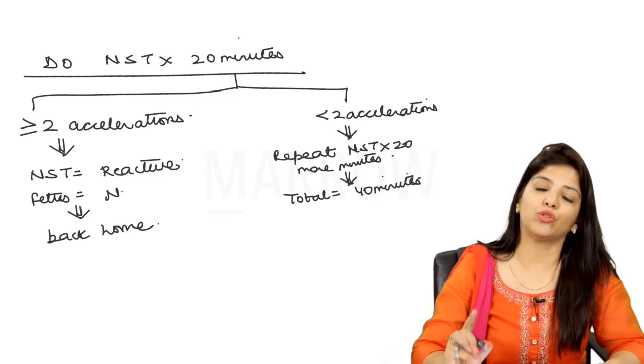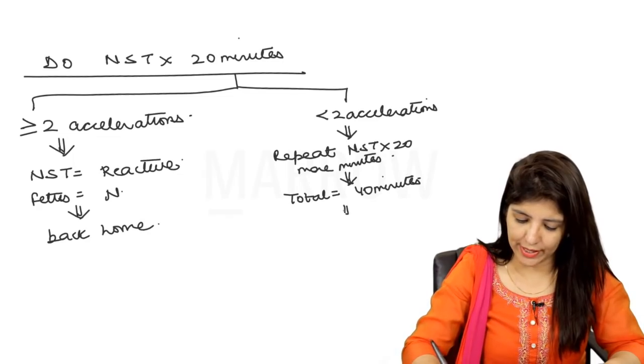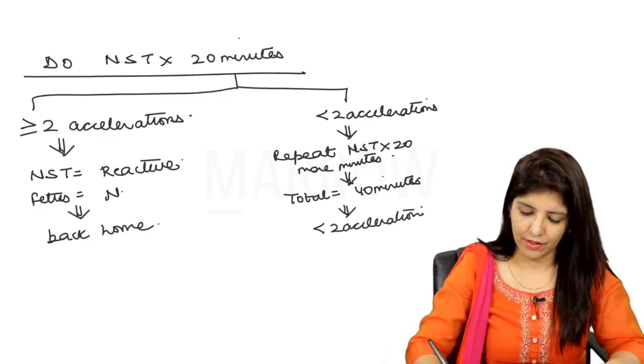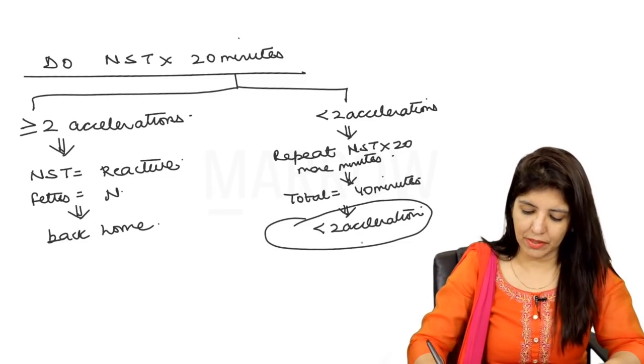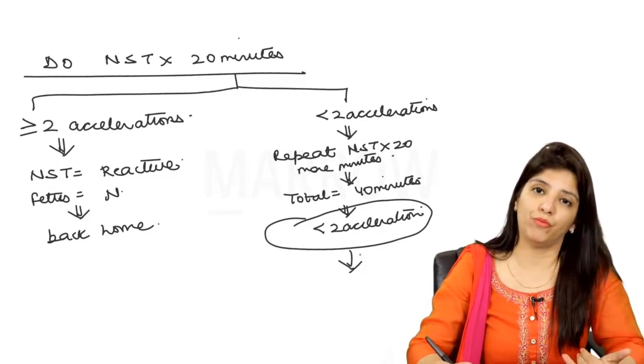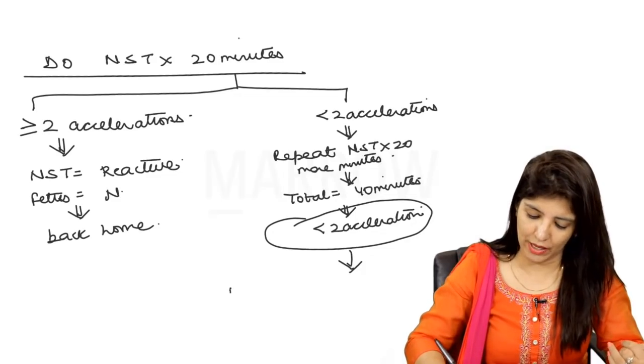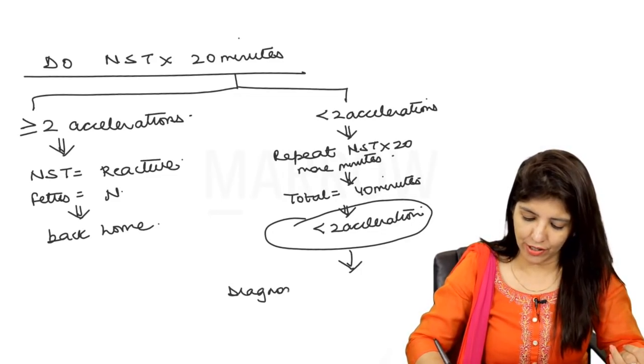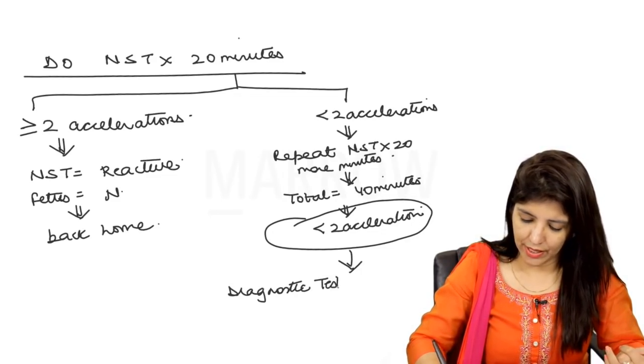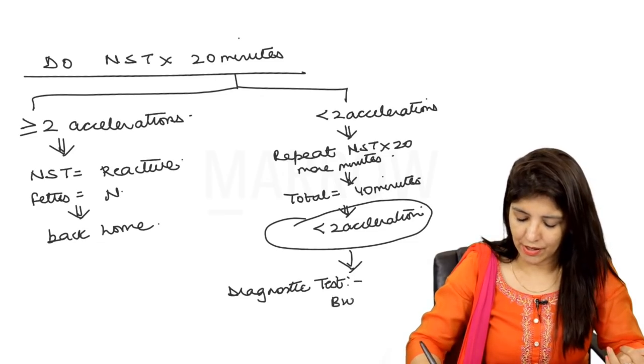Now, during those 40 minutes also, if you are getting less than 2 accelerations, then there can be a problem with the fetus, and in that case, you will have to go for the diagnostic test. And the diagnostic test is biophysical score.